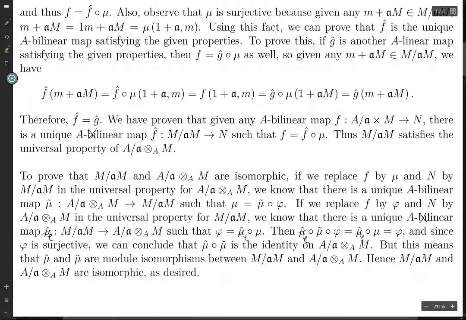Since phi is surjective, given anything in the image of phi, phi hat composed with mu tilde of that thing is equal to just the thing itself. And so what that means is that phi hat composed with mu tilde is the identity on this set, which means that phi hat and mu tilde are module isomorphisms between these two sets.